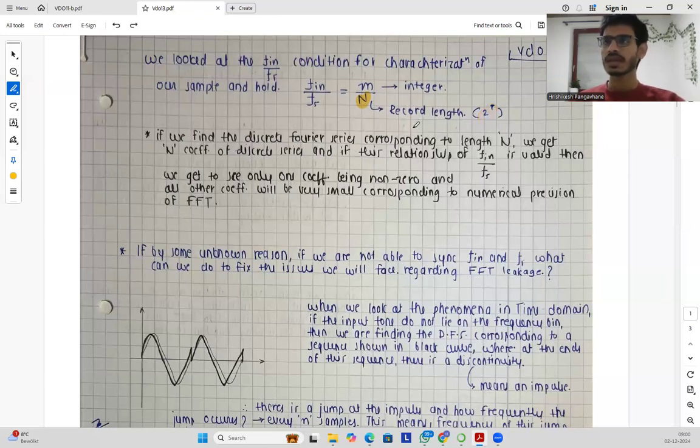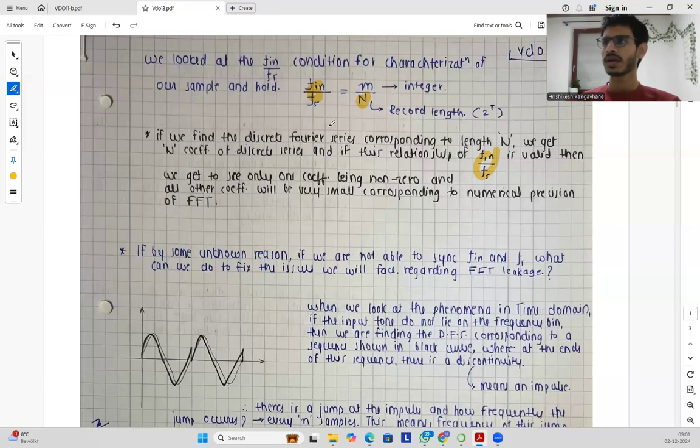So if we find the discrete Fourier series corresponding to length n, then we get n coefficients of the discrete series. If this relationship of Fn by Fs is valid, then we see only one coefficient being non-zero in the first half, meaning before n by 2, and the other non-zero coefficient is just a mirror image.